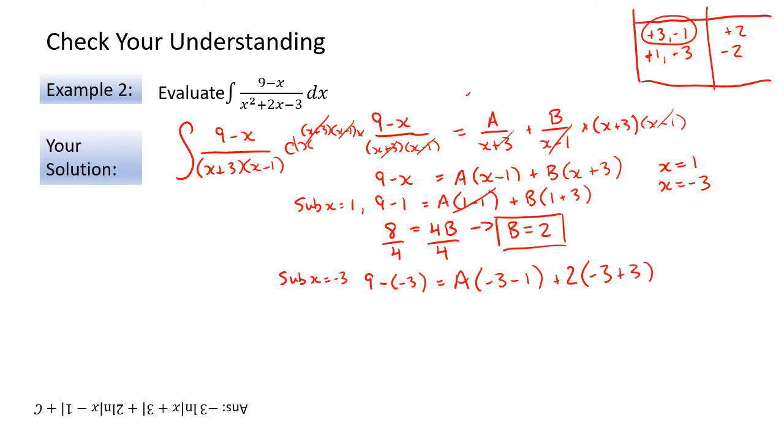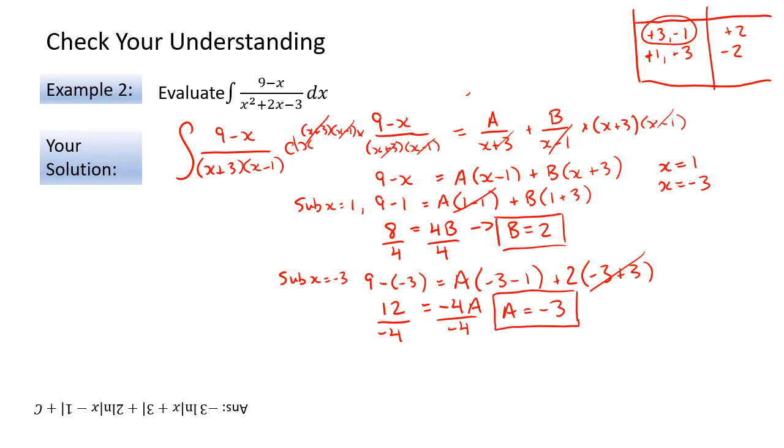So you'll see with negative 3 plus 3, those will cancel. What we're left with is 9 minus negative 3 is the same as 9 plus 3, because it's a double negative, so that's 12. That's equal to a times negative 3 minus 1, which is negative 4, so negative 4a. So dividing both sides by negative 4, we get that a is equal to negative 3.